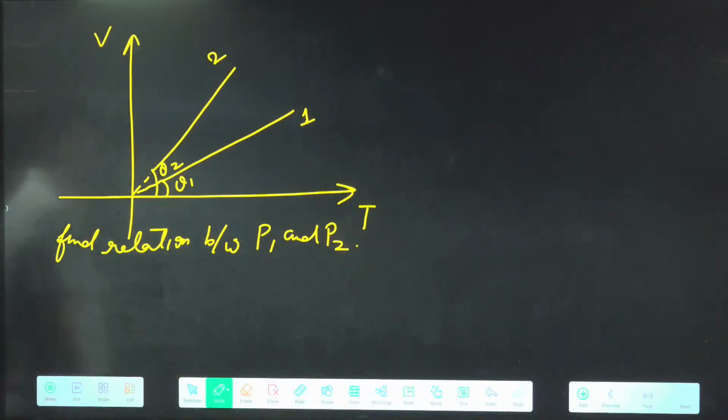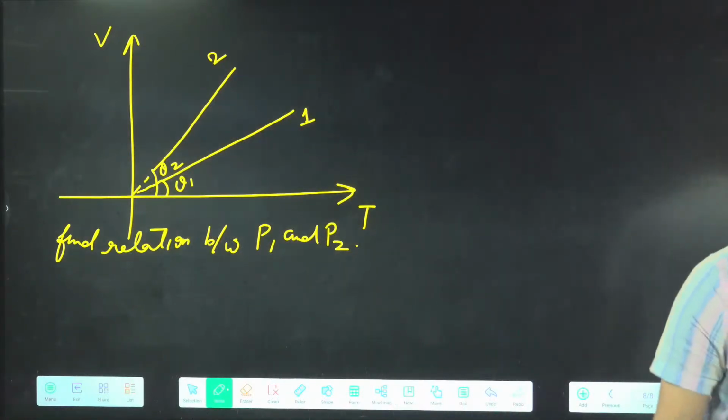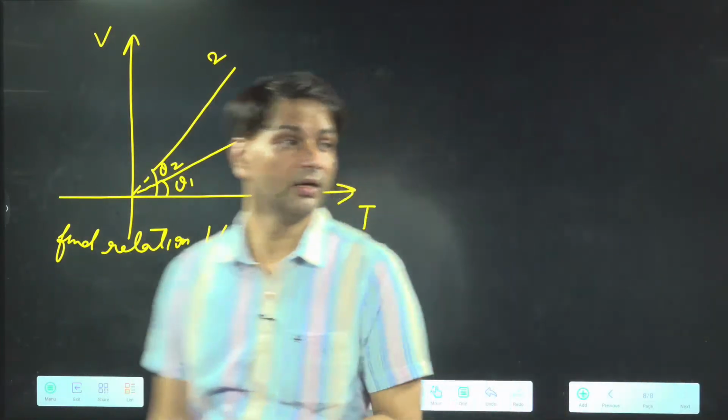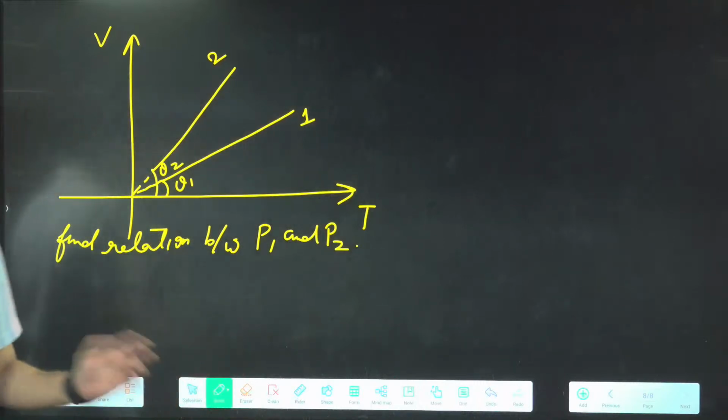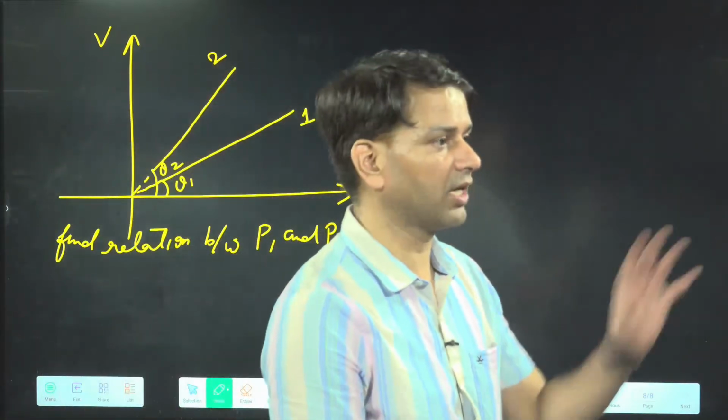If these are two isobaric curves, like pressure constant, because we know that volume will be directly proportional to T when pressure is constant. But two graphs I have made, so two different pressures I plotted, graph 1 and graph 2.